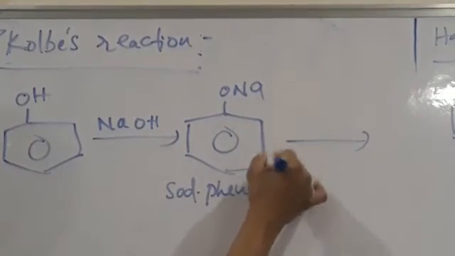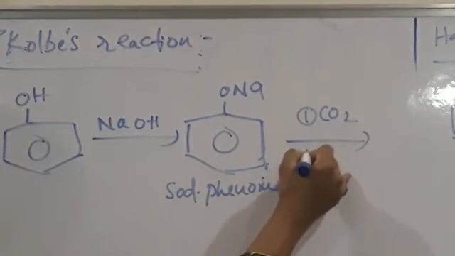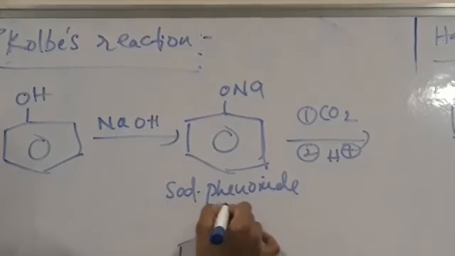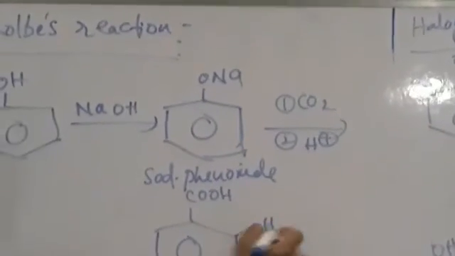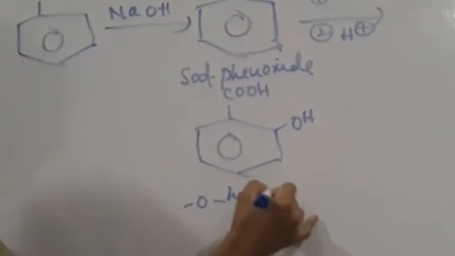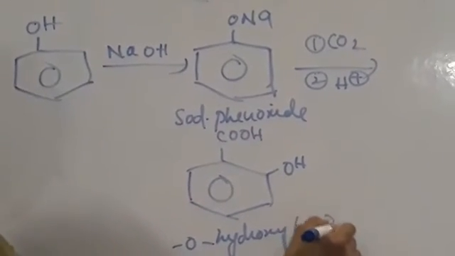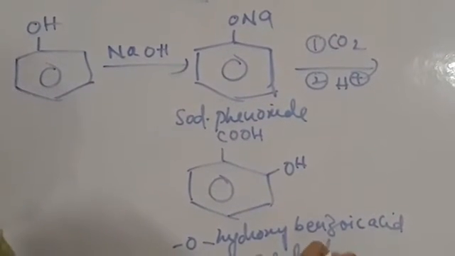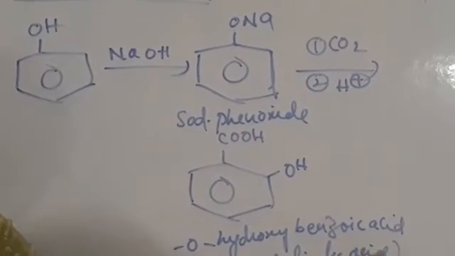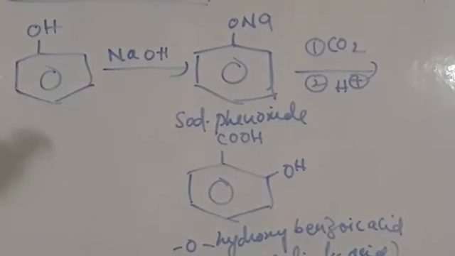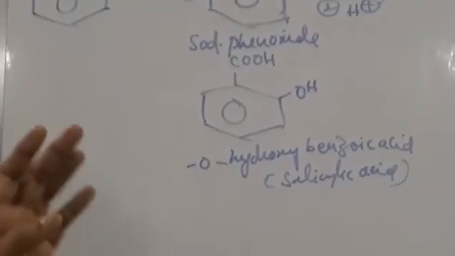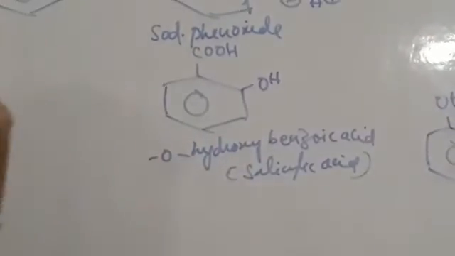Sodium phenoxide with carbon dioxide followed by acidification finally forms orthohydroxybenzoic acid, which is also called salicylic acid. This is a very important reaction, the Kolbe reaction. Phenol forms orthohydroxybenzoic acid, which is called salicylic acid.